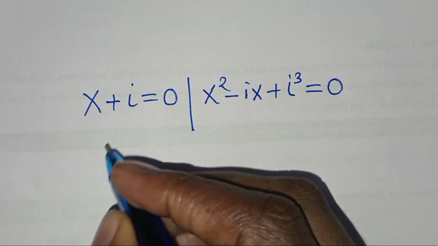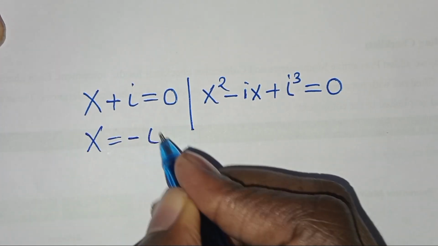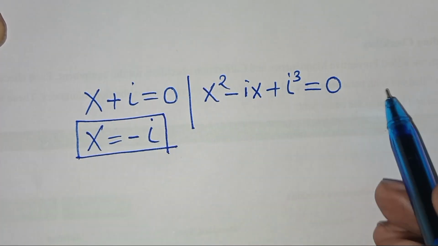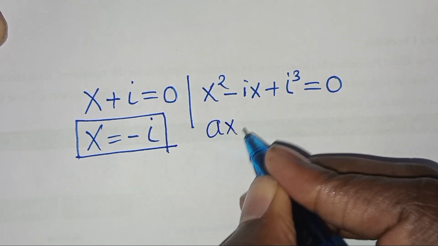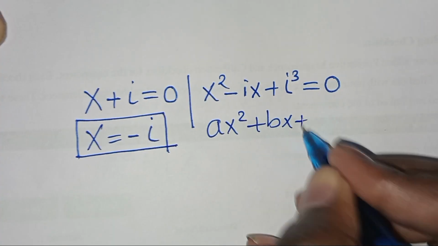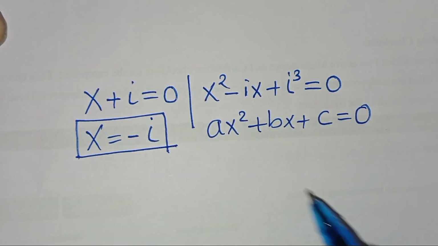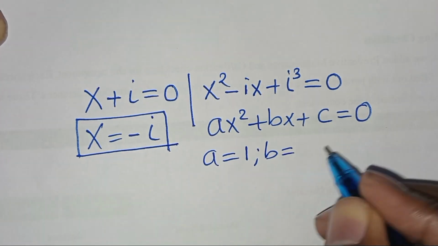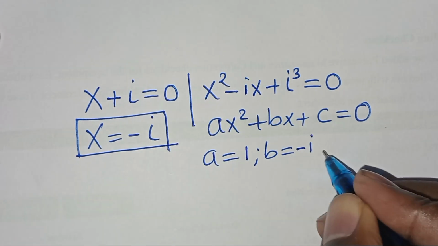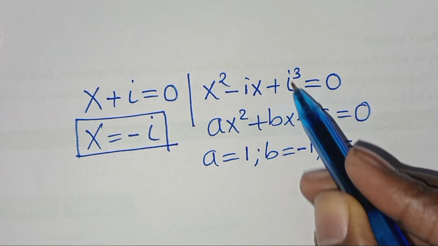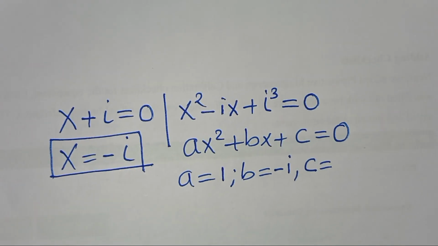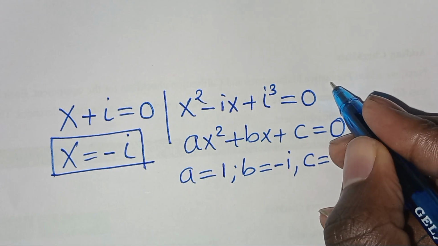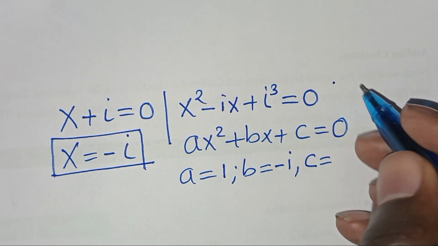From this quadratic equation, a is equal to 1, b is equal to minus i, and c is equal to i to power 3. i to power 3 in this case is the same thing as minus 1.